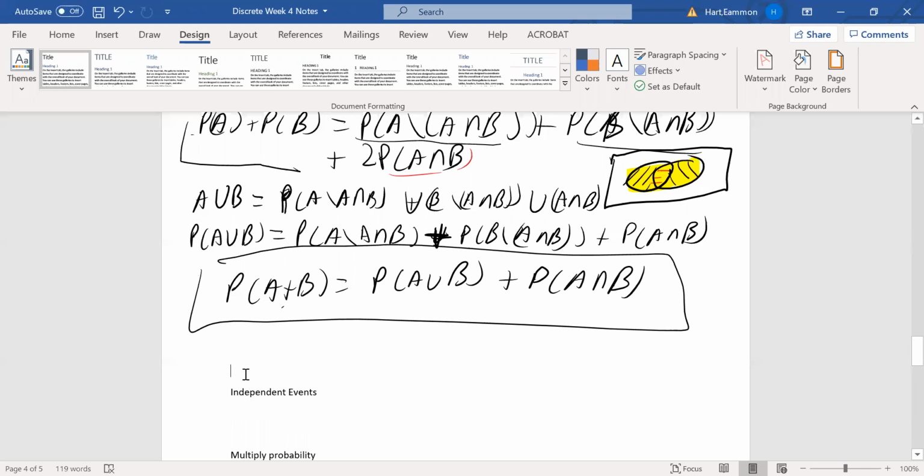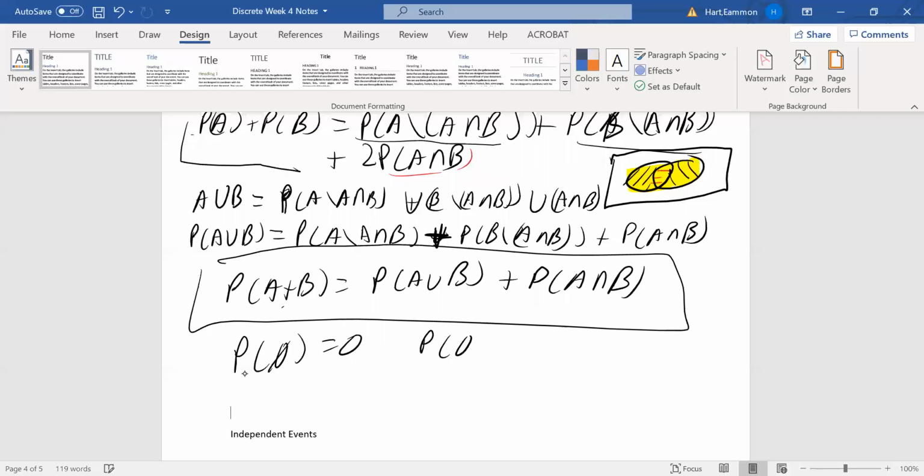And now let me prove that the probability of the null set is always equal to 0. The probability of the null set is greater than or equal to 0 by axiom 1.